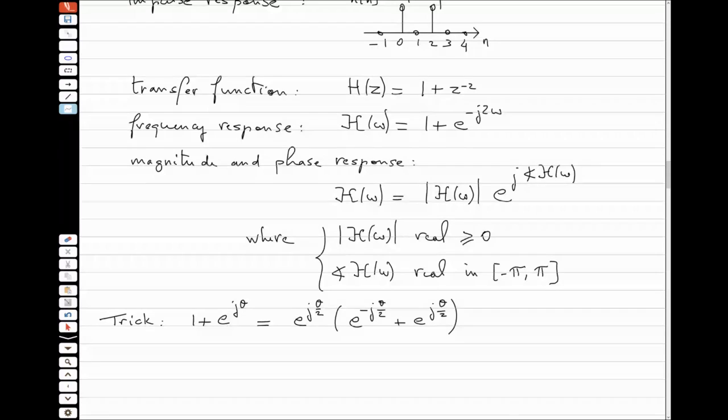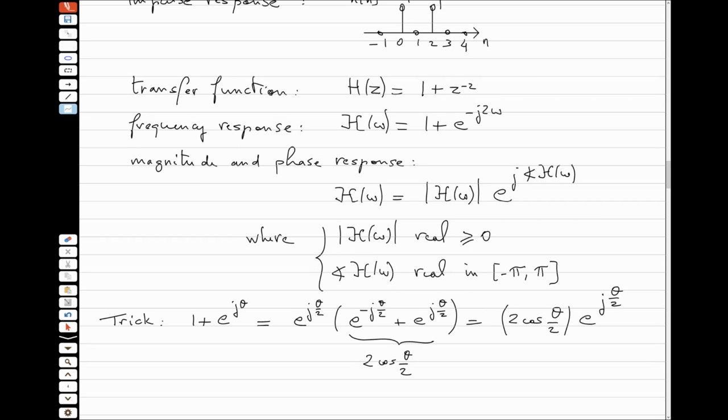Yes, 2 cosine. 1, no, 2 cosine, yes. 2 cosine. So I would like to write 2 cosine theta over 2 e to the j theta over 2.